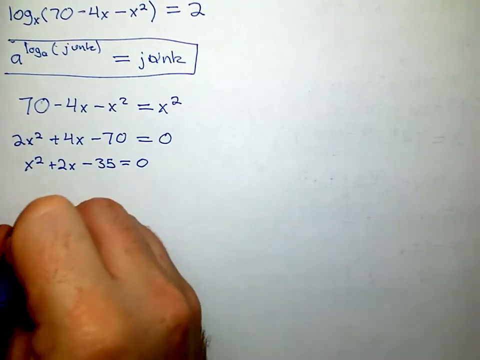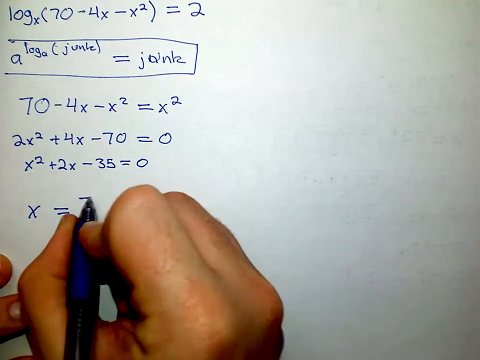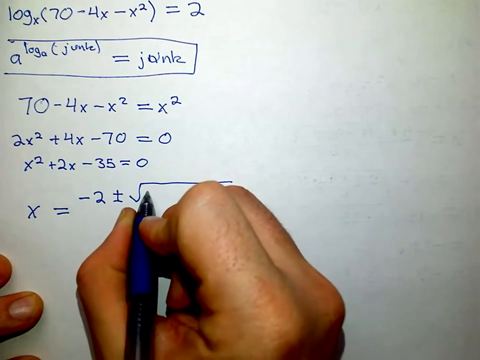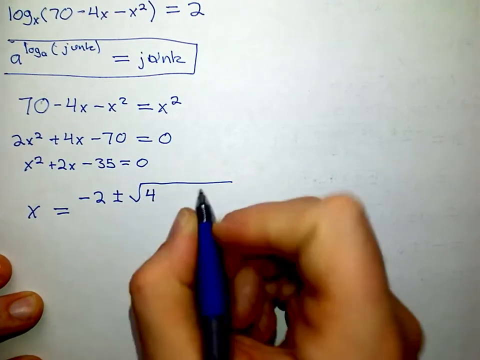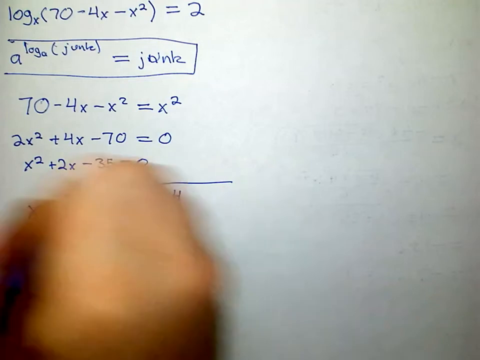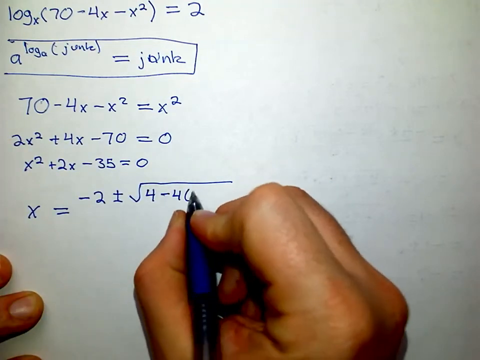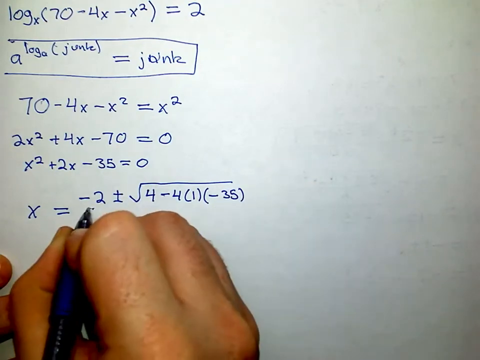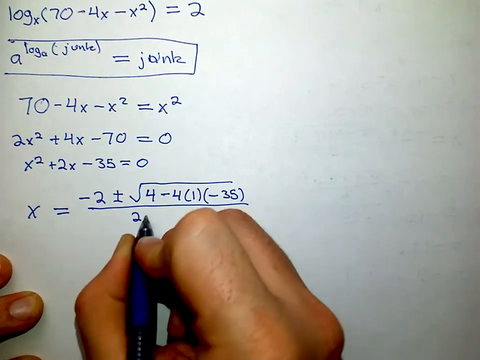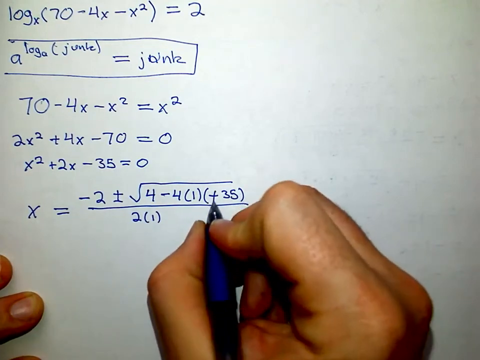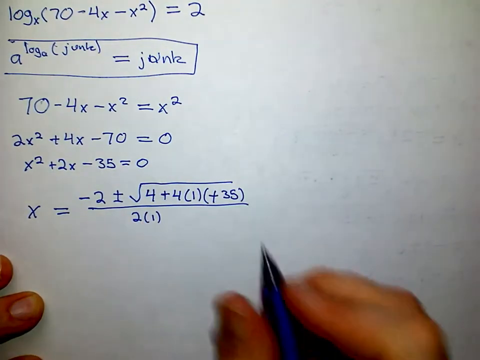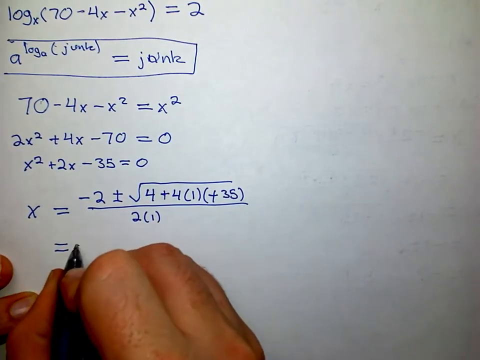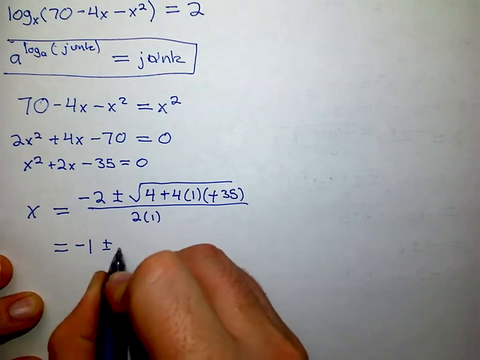So now we get x is equal to negative b plus or minus the square root of b squared, which is 2 times 2, which is 4, minus 4ac, where a is 1 and c is minus 35, over 2a. These become a plus. And so then I just divide through by 2. So I get negative 1 plus or minus.